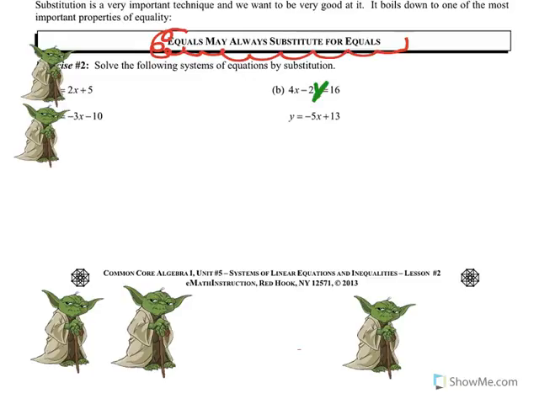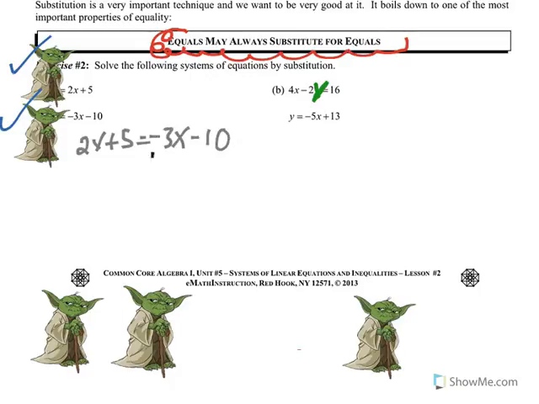Well, check out what I can do with both of those Yodas. Yoda here and Yoda here, I can say that Yoda equals Yoda. Or, more algebraically, which is more helpful for this one, 2x plus 5 equals negative 3x minus 10.